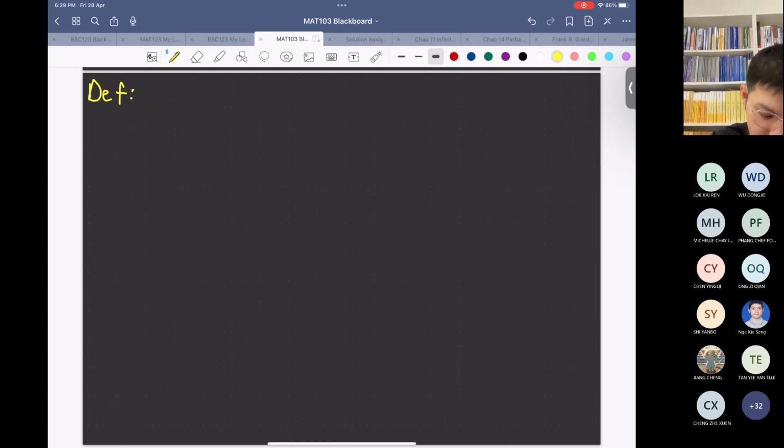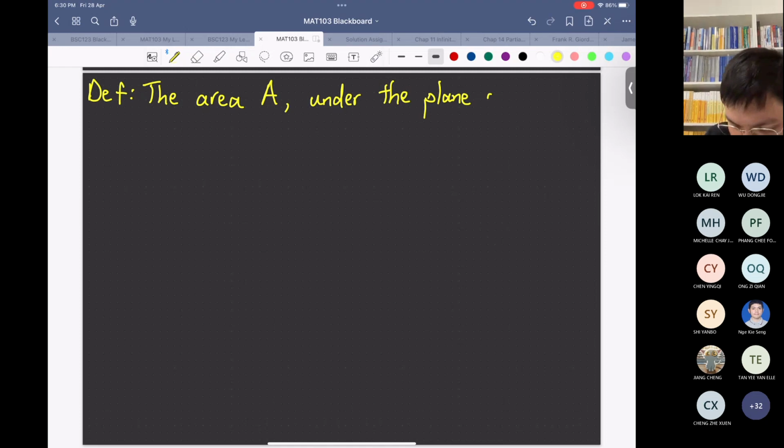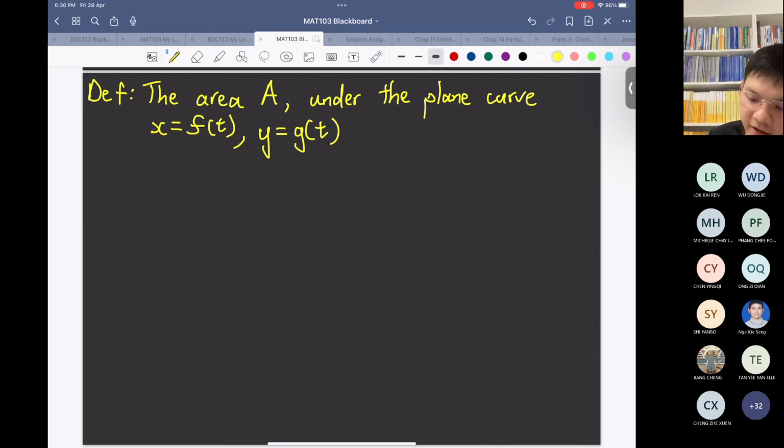Okay, so similarly, let's write our area as A first. So the area A under the plane curve. So I repeat again, plane curve, we have two parametric equations. So x as some function f in t, and then y as some function g in t. If you don't like, you can just keep x(t) and y(t).